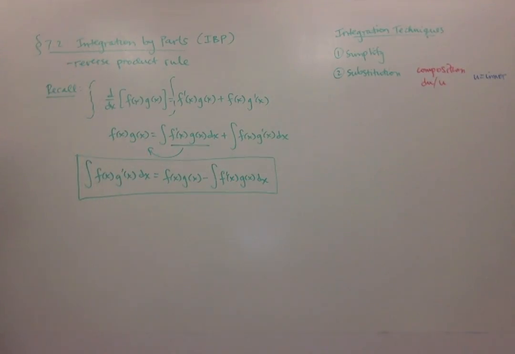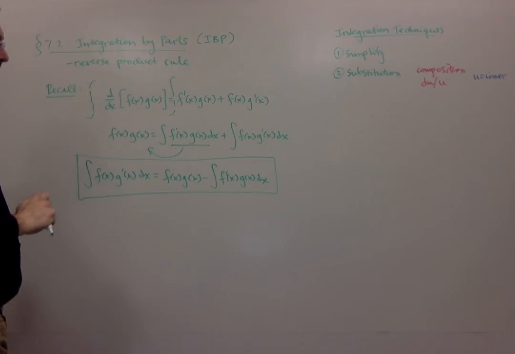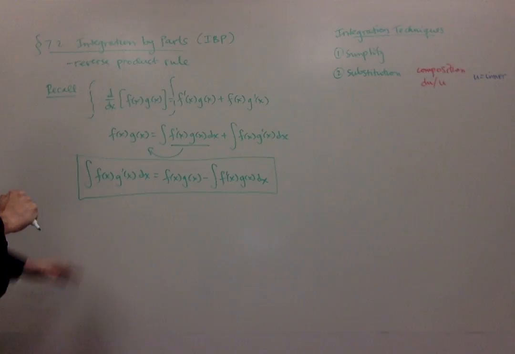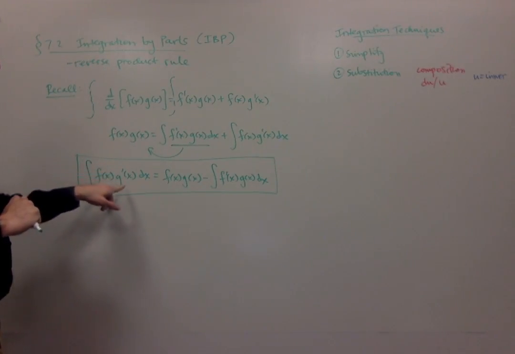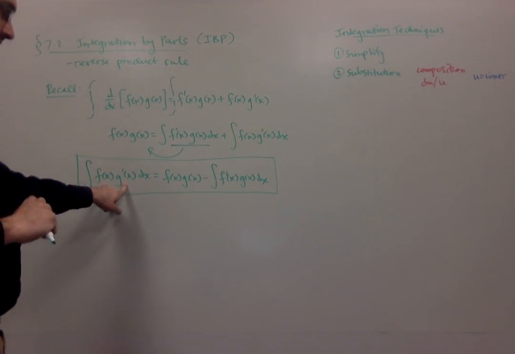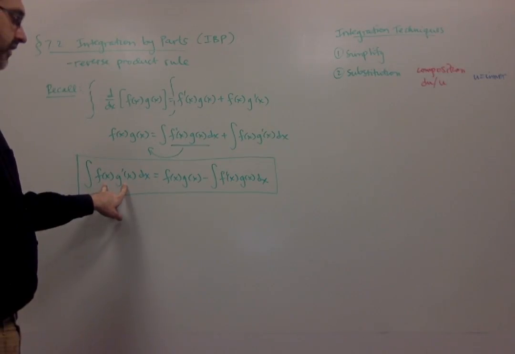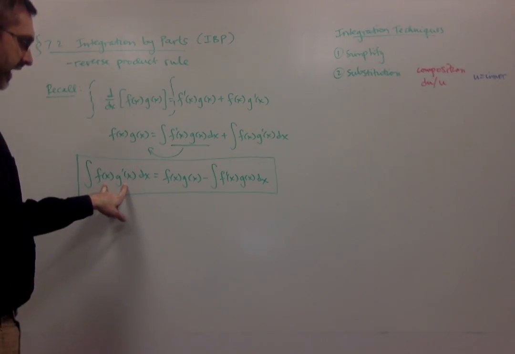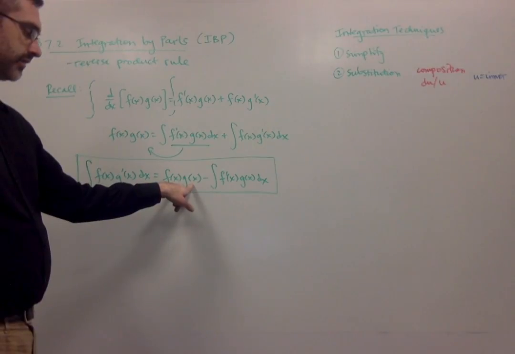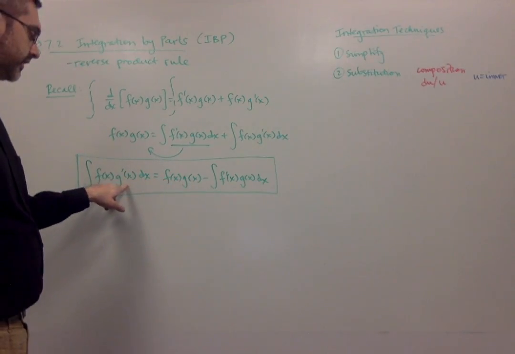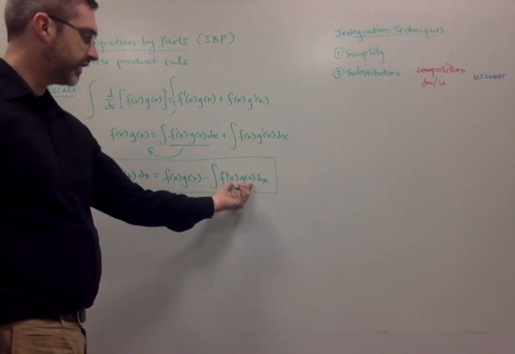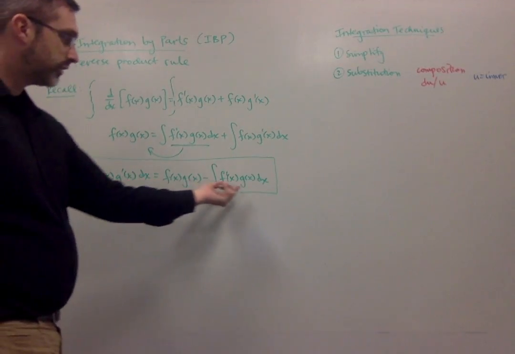Okay. So there's actually going to be two ways that we're going to write this. One way that we can write this equation is with f and g. And basically the idea is, if I have an integral that has a product in it, there's going to be a way to turn that into a different integral with a different product.